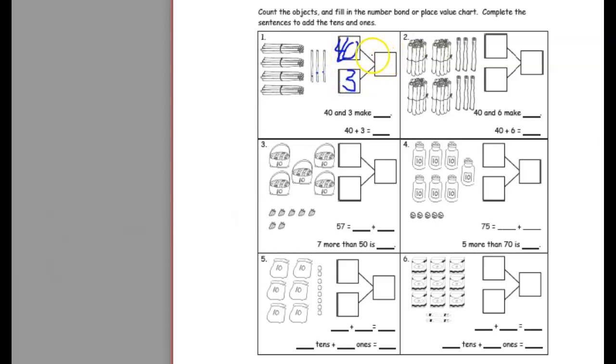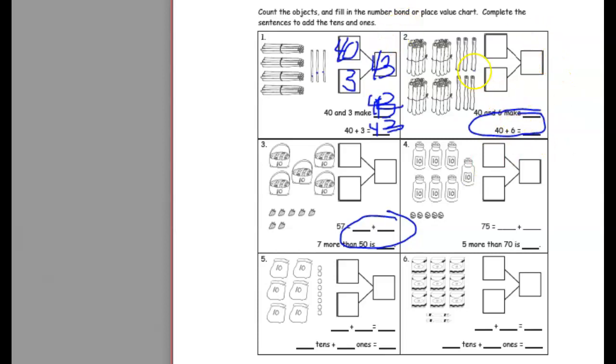What's 40 plus 3? 43. Sorry, guys. And then 40 plus 3 equals 43. You need to make sure that you fill in this bottom part too on all of these. I'm just not going to right now because it's going to be really messy.